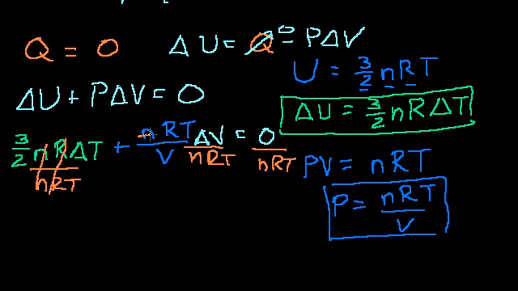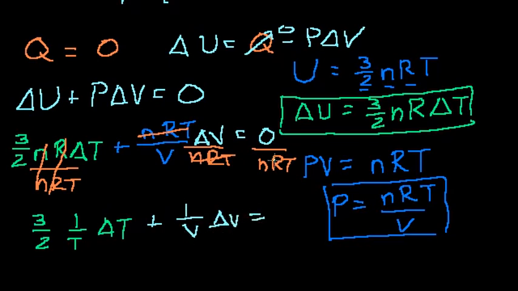Over here, this nRT cancels out with this nRT. And what are we left with? We're left with 3 halves times 1 over T delta T plus 1 over V delta V is equal to, well, 0 divided by anything is equal to 0.